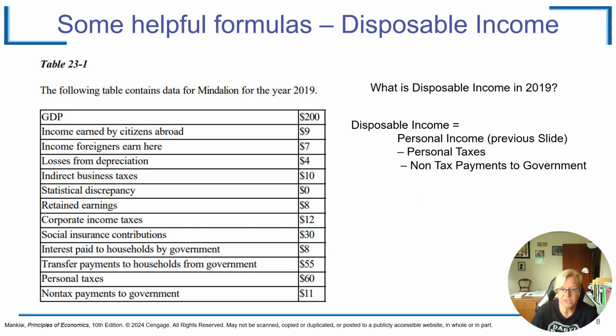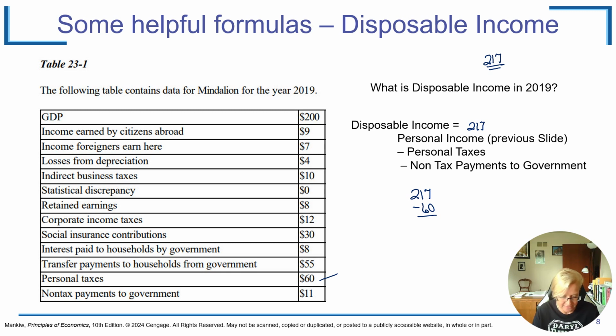What's disposable income in 2019? I need the 217 that I calculated on the previous slide because I have to start with personal income, 217. I'm going to subtract personal taxes, 217 minus 60, which gives me something, again, learning objective 4, such a pain.